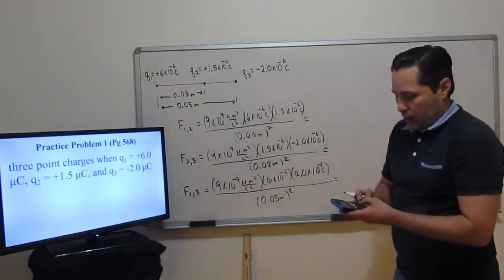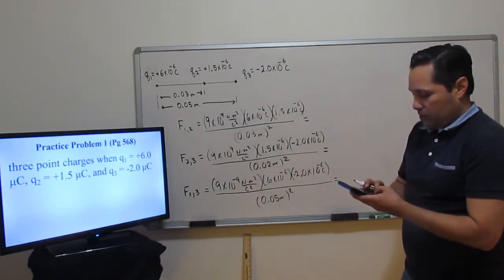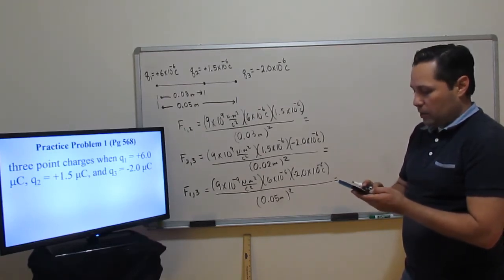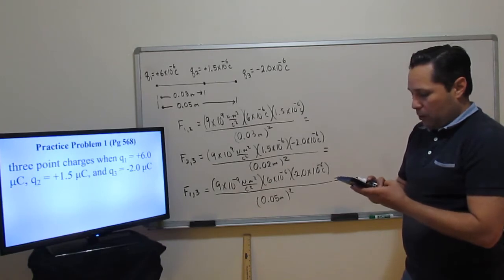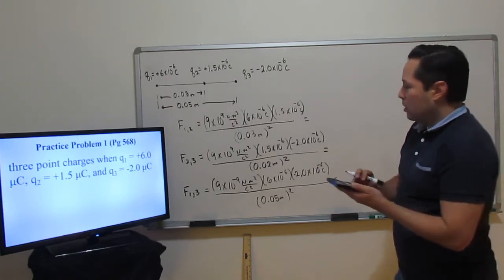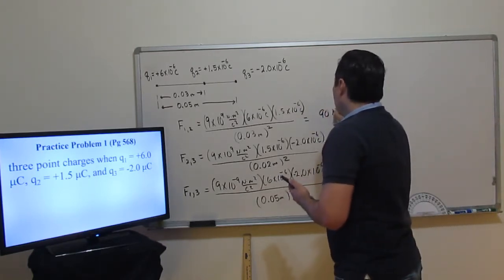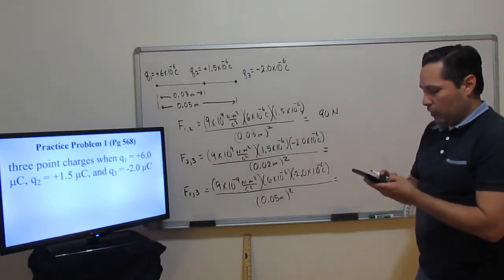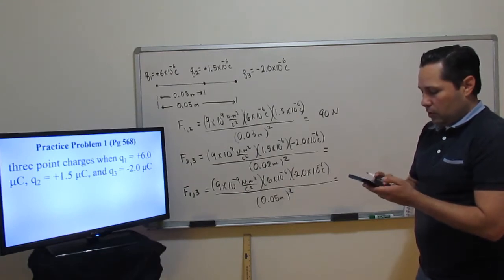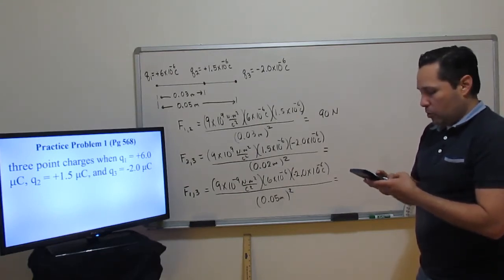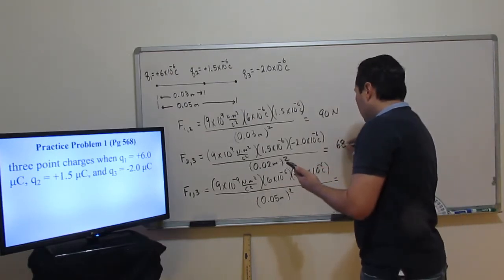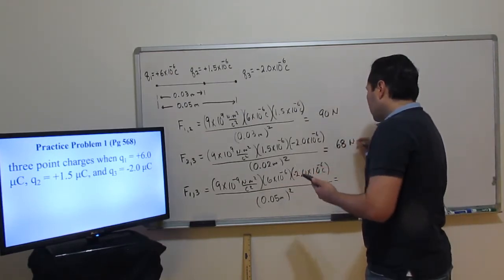We have 9 times 10 to the 9 times 6 times 10 to the negative 6 multiplied by 1.5 times 10 to the negative 6 divided by 0.03 squared, which gives us 90 newtons. Next one, 9 times 10 to the 9 times 1.5 times 10 to the negative 6 times 2 times 10 to the negative 6 divided by 0.02 squared gives us, rounding up slightly, 68 newtons.